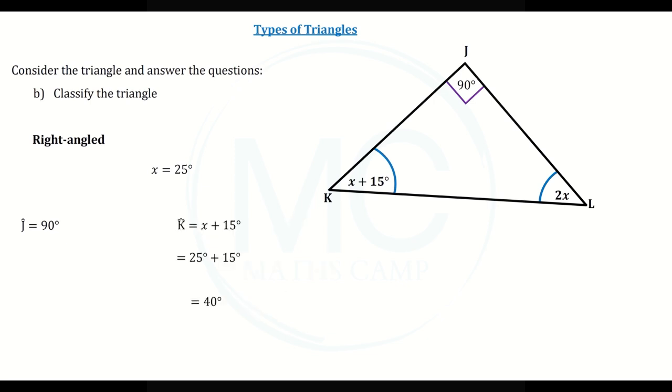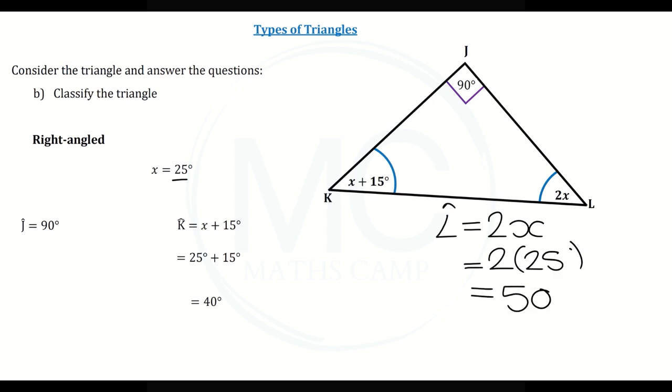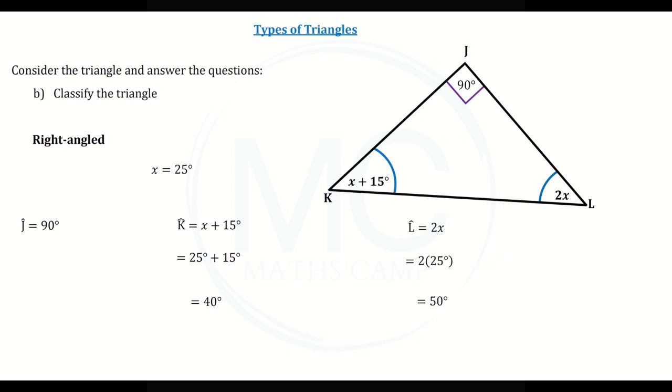Now we can move on to angle L. We can see that angle L is equal to 2x. x is 25 degrees, which means that L is equal to 2 multiplied by 25 degrees, which means that L is equal to 50 degrees.